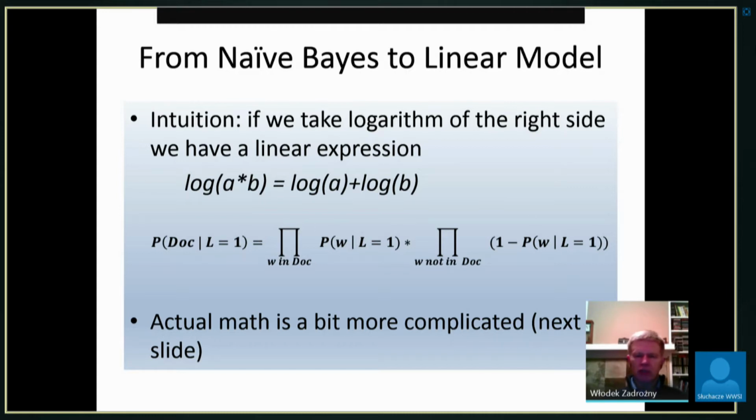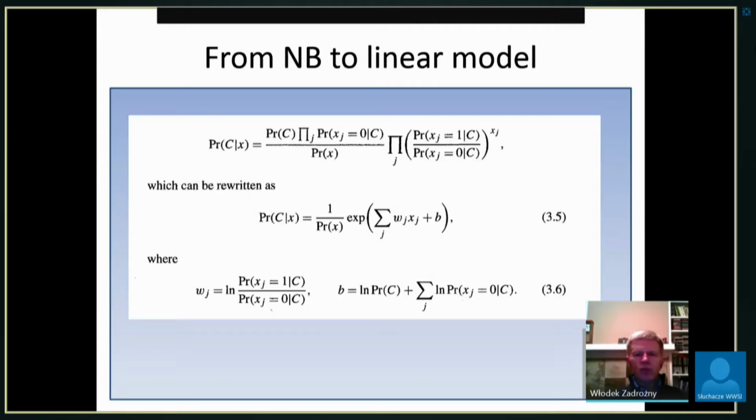The actual math is a bit complicated. I am showing it on the next slide. So let's take a look at what's happening here. The probability of a class given a document can be rewritten in this strange fashion that you can see at the top of the slide. The xj is the value of the jth attribute.